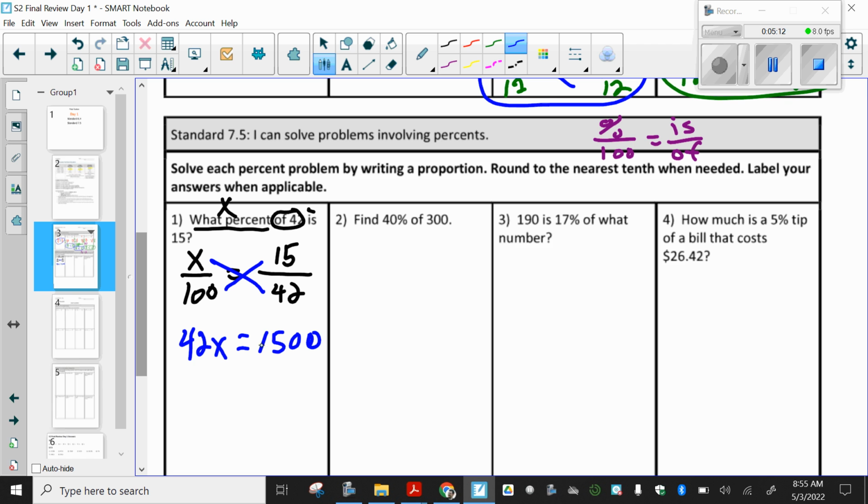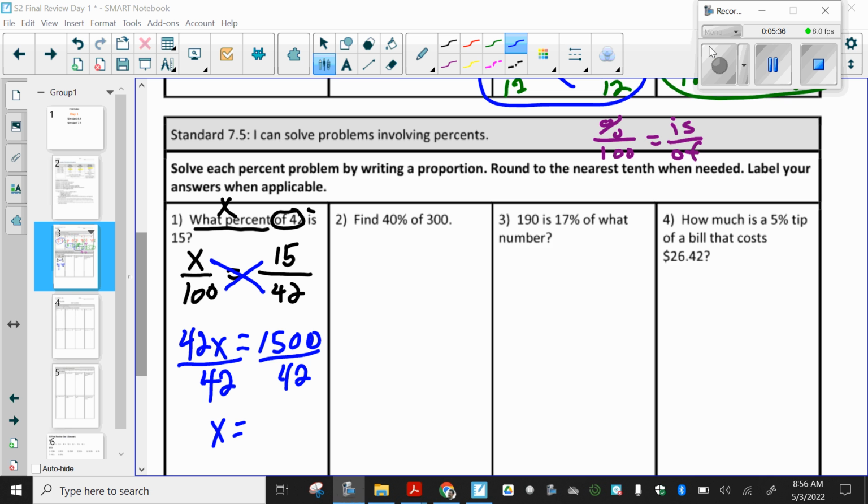All right. I'm going to divide both sides by 42. That gives me x on the left. And I'm going to get my calculator out. 1500 divided by 42 makes, ooh, hold on 1 second.